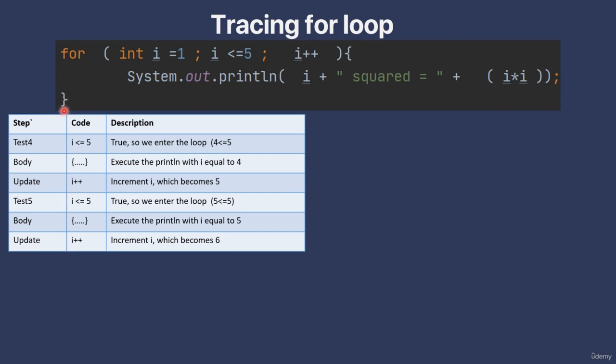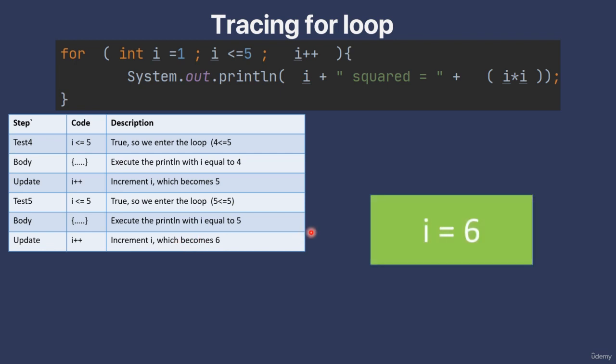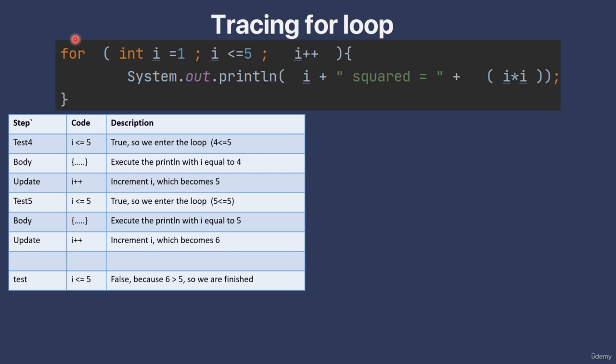So guys, 3 steps of the loop: test, body, update, test, body, update. Remember them. After the update, I++, which becomes 6. So I is now equal to 6. Again, it will stop at the update and go up and make a test.